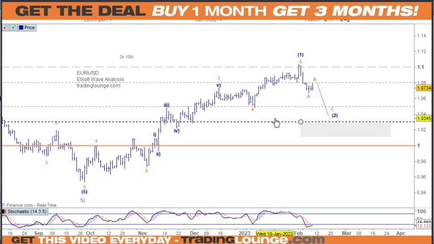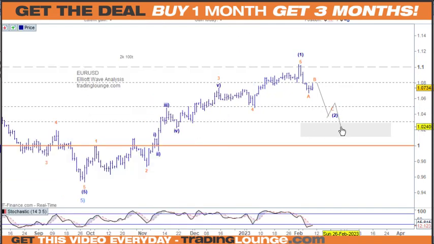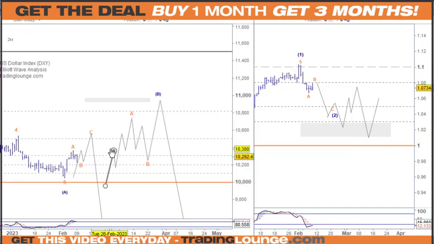But what could also happen, that's just taking on board this smaller pattern here. So it kind of fits there, but we also need to be mindful of what happens if we get 5 waves down here, then a corrective rally of 61.8% or something, and then another move down here. So we could squeeze in this bigger pattern here.